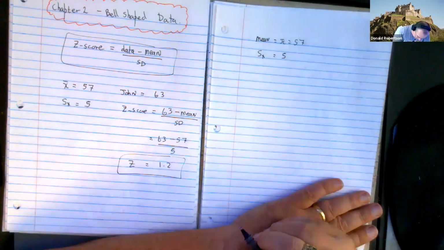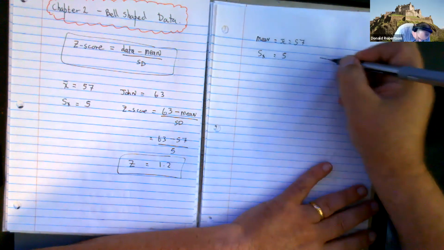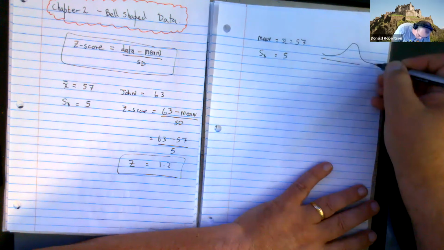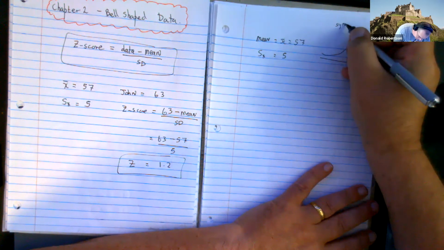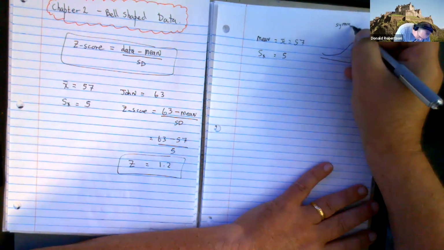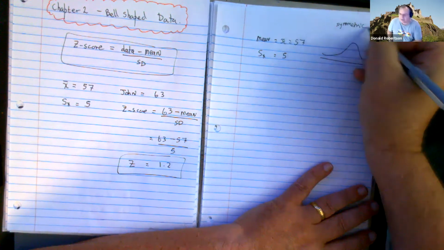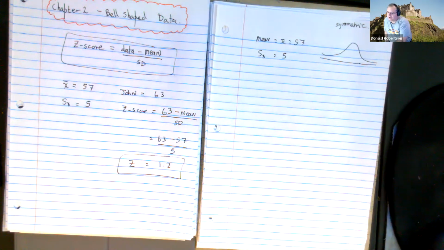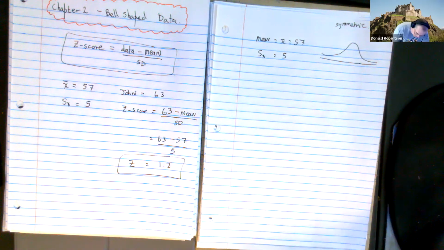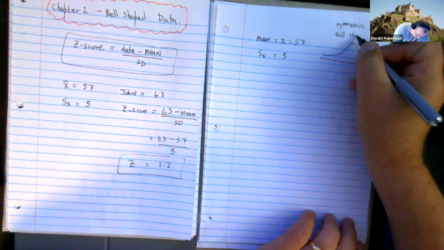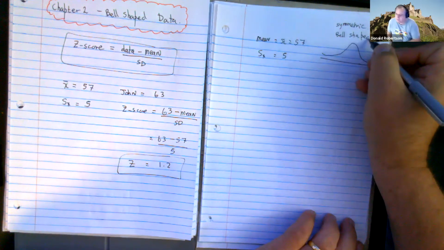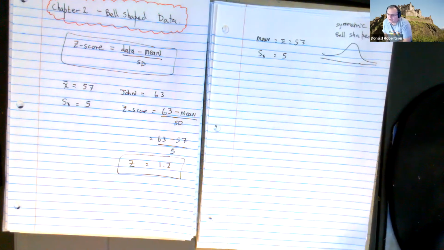And we know that the data was symmetric. It's also called bell-shaped. I've used that term a couple of times, bell-shaped. It's the same thing as symmetric, just another name for it.